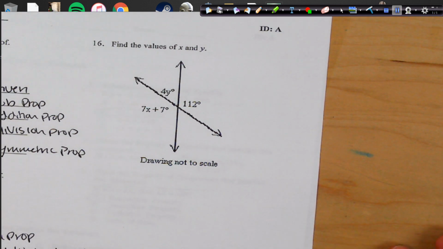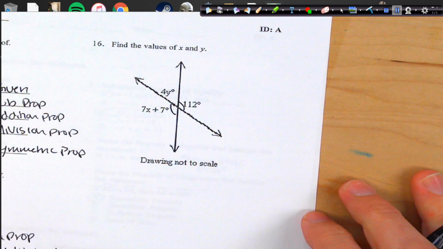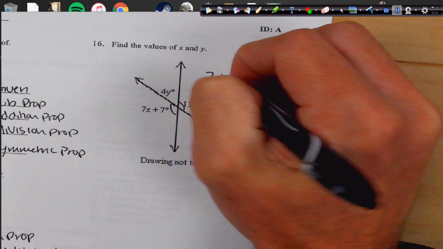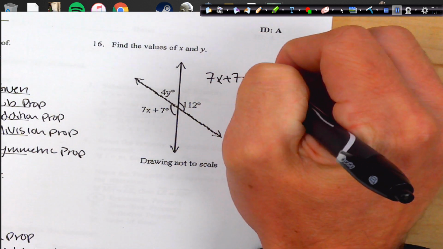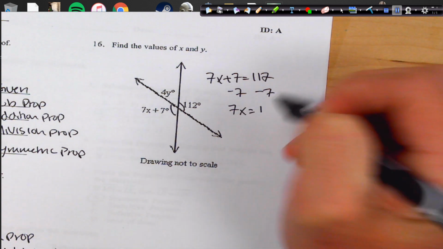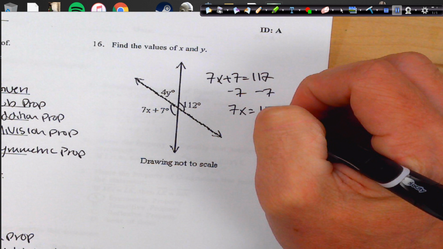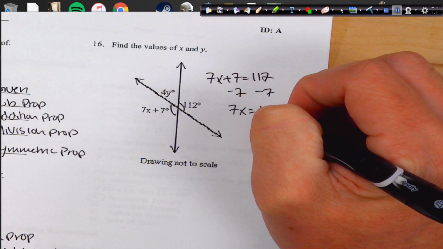Find the value of x and y. Drawing not to scale. Again, I know these two are going to be congruent, so we can get 7x plus 7 equals 112. Subtract 7 from both sides. 7x is going to equal 106, I believe. Is that correct? No, 5. 105.